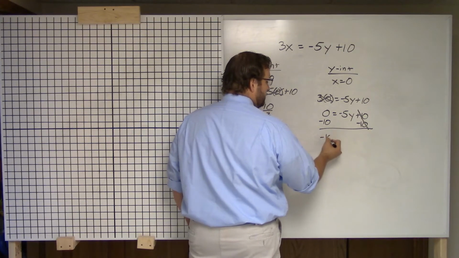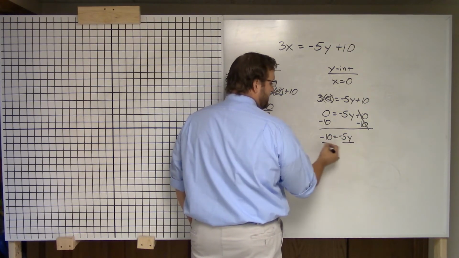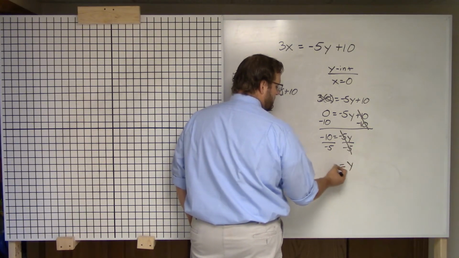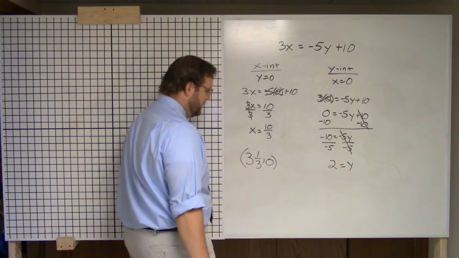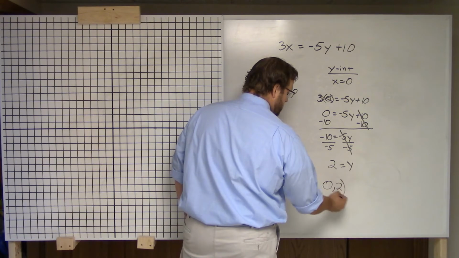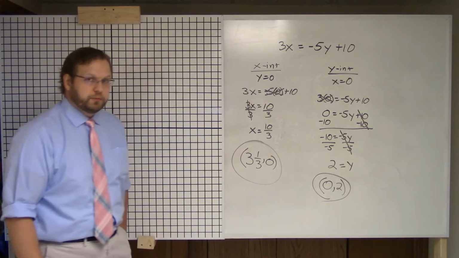So we've got negative 10 equals negative 5y. Divide by negative 5. And we get a 2. So now we have 0, 2. Those are your intercepts.